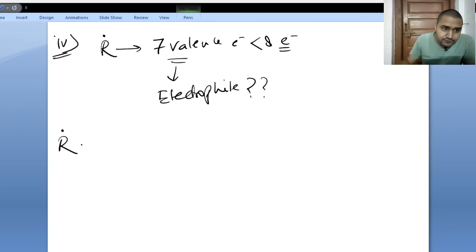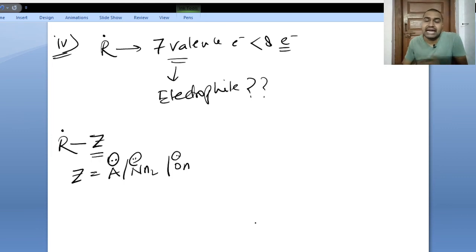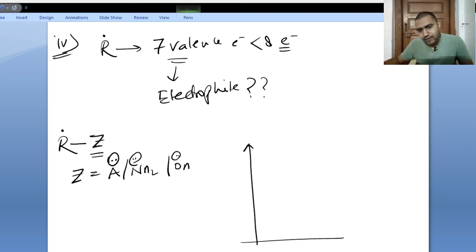In case of free radicals, whether they are nucleophile or electrophile depends on the substituent Z which is attached to the free radical. If Z is a species which has a lone pair, like NH2 or OH, directly attached to the free radical, then its energy profile looks like this.